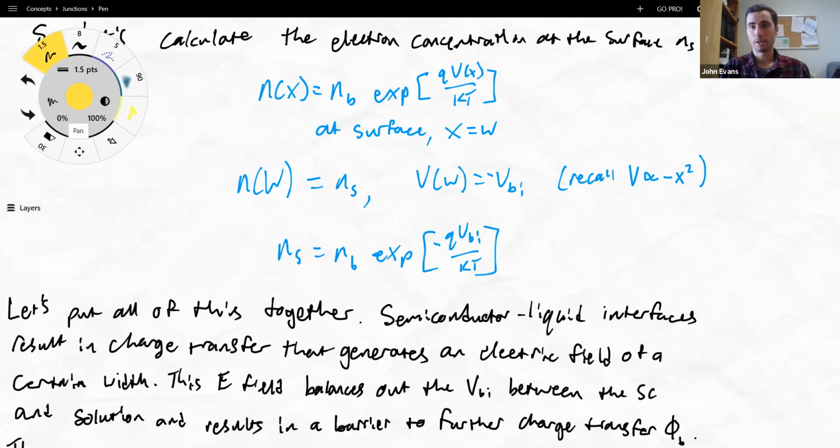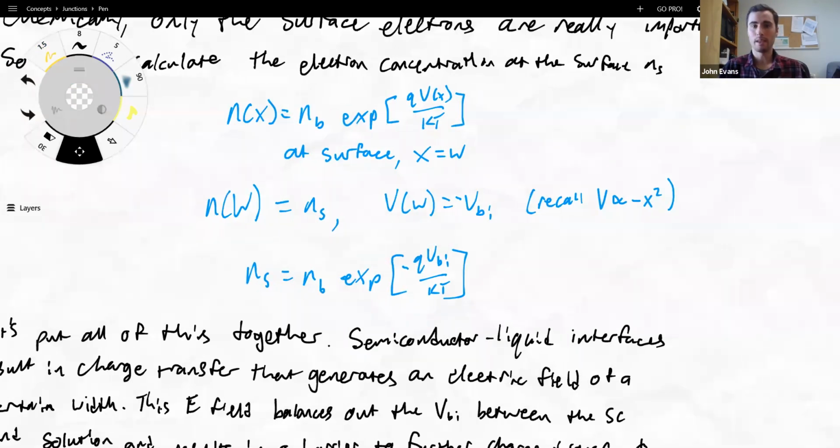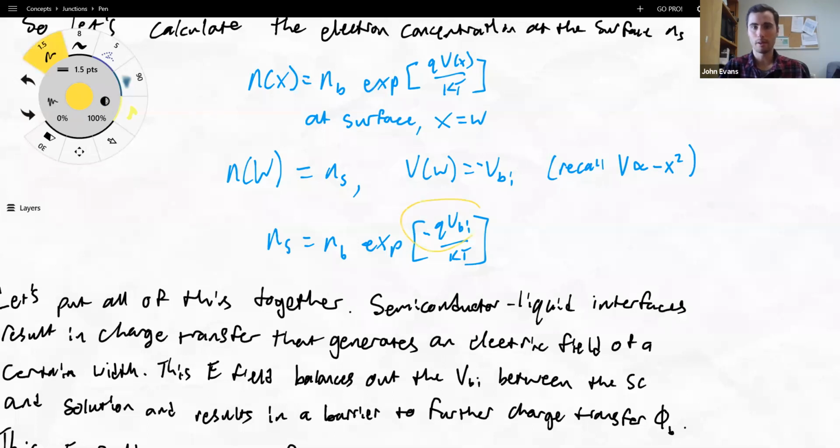So let's look at what happens as you get closer and closer to the interface. As you get closer to our interface, this part of the expression is going to get larger and larger, which means that this exponential is going to get smaller and smaller.